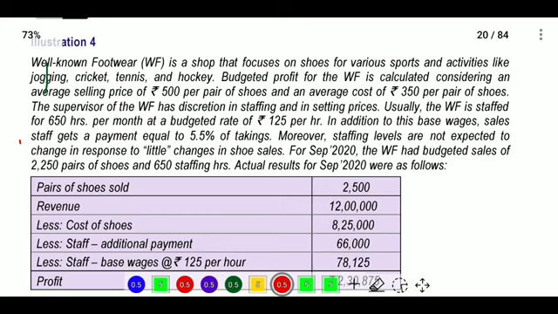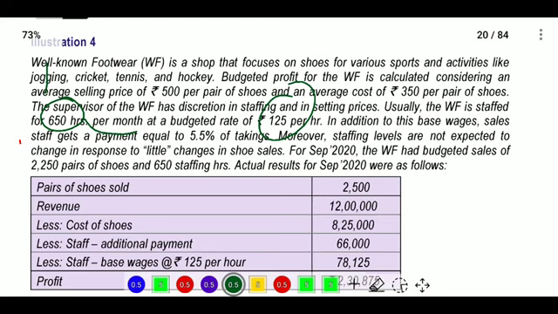Next, the supervisor of WF has discretion in staffing and in setting prices. Usually the WF is staffed for 650 hours per month. At the budgeted rate, what is the budgeted rate? 125 rupees per hour.